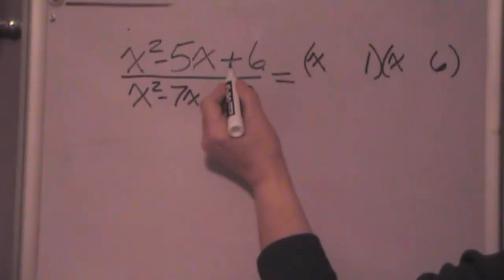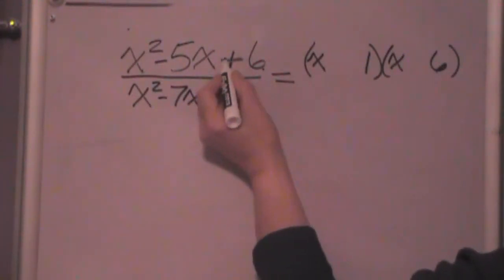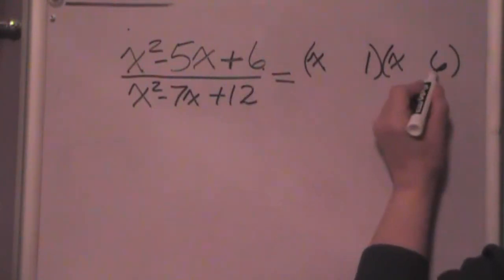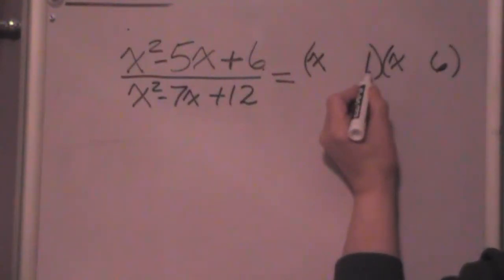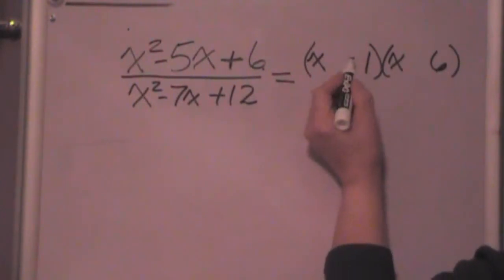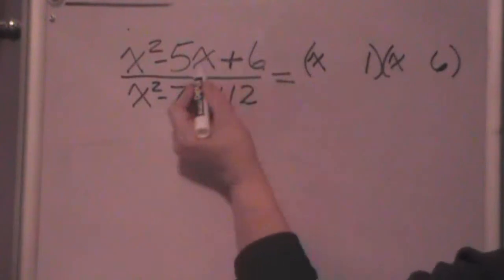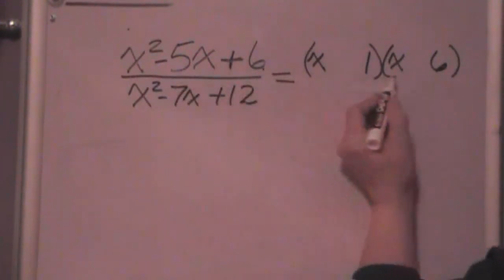And since this is positive, I know they have to both be positive or both be negative. Now 6 and 1 in this particular case are not going to work, because if I have a 1 here and a 6 here and they have to both be positive, I'm going to end up with 7 here, and I don't want that.